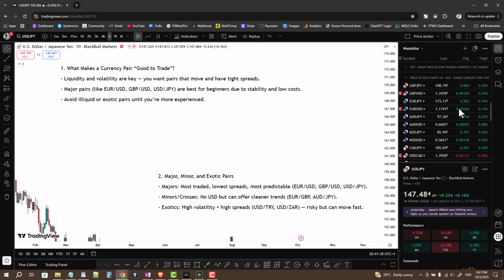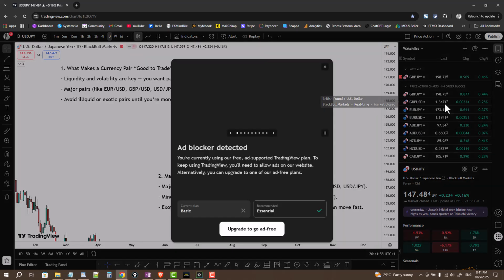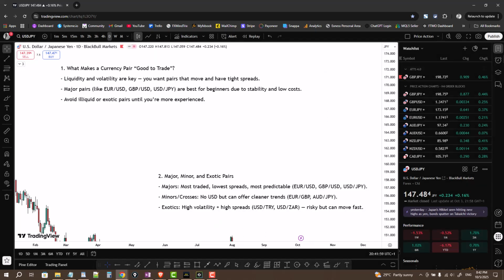And this can easily get overwhelming for complete beginners, because if you don't know how to choose which pair to trade, then you're basically going to be struggling to find the best currency pairs to trade because you don't have any set of rules or criteria which is going to help you in deciding which currency pairs to trade.